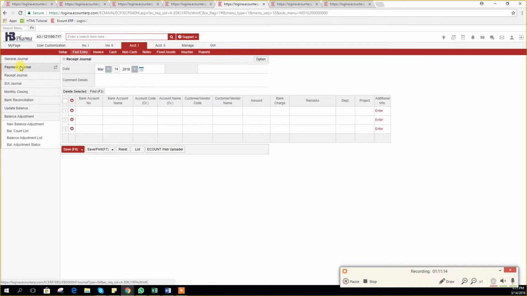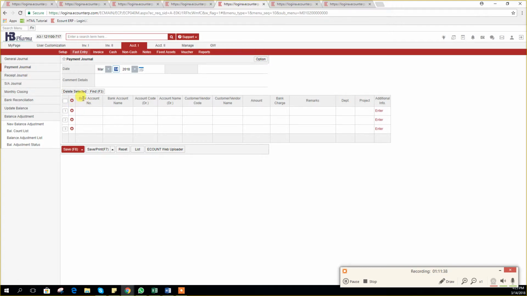The payment journal is when you pay money from your bank or your petty cash or whatever, by cash. So the receipt journal and payment journal are cash book entries, anything that has to do with cash.